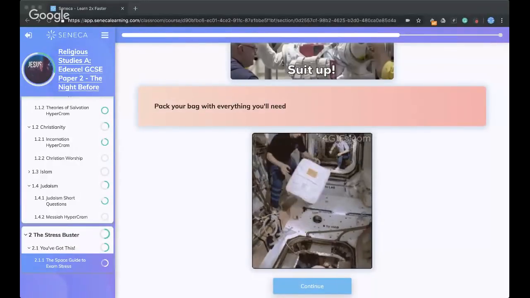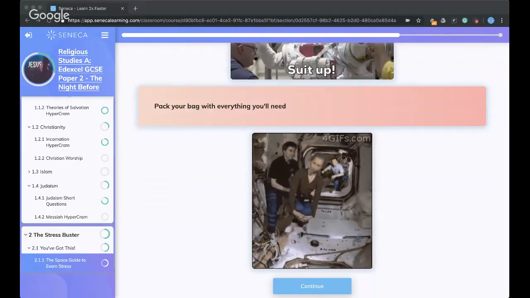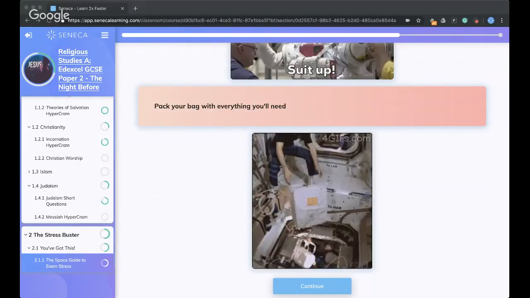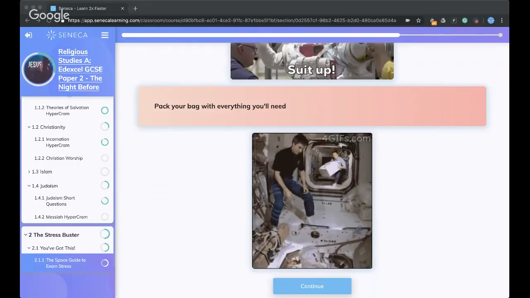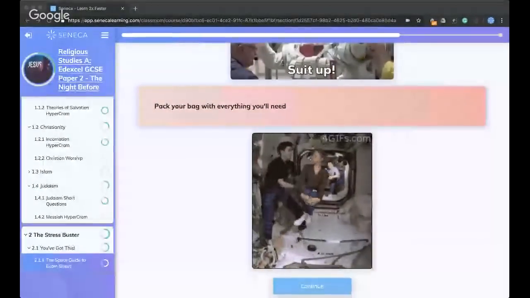Part A is always just going to be 3 quick statements that you need to give, whereas part B you're going to need to give a reason and an explanation. So think of it as a 2-part question. And part C is going to be the same as part B. You're going to have to give a reason and then an explanation, and then you're also going to need to give some kind of quotation from a biblical figure or a biblical reference.